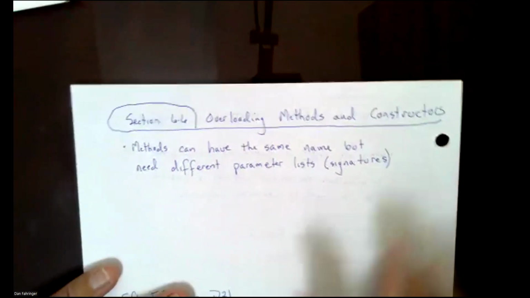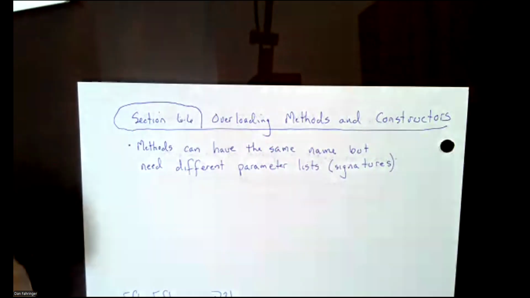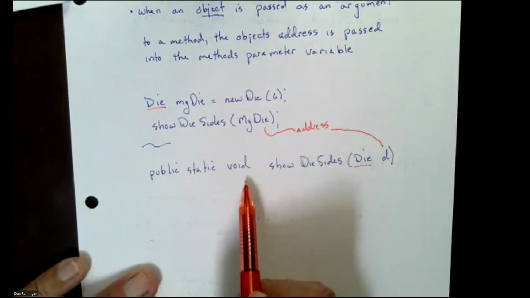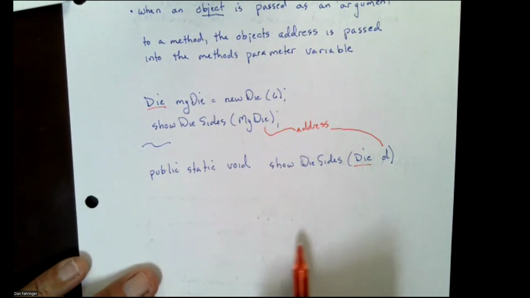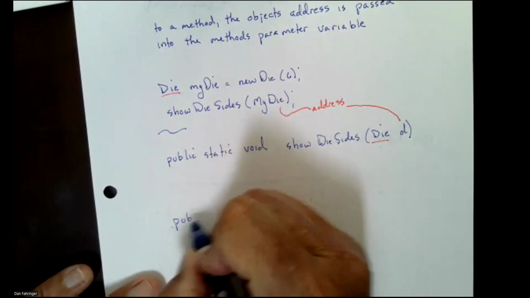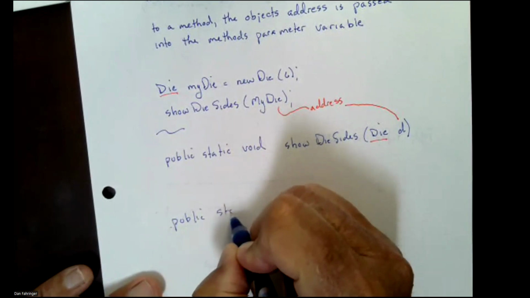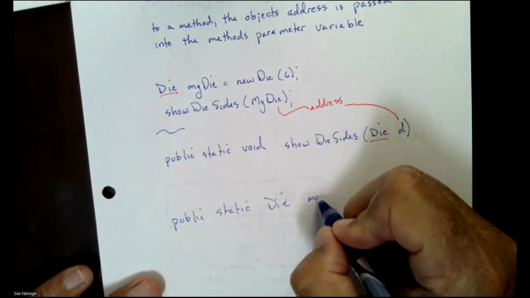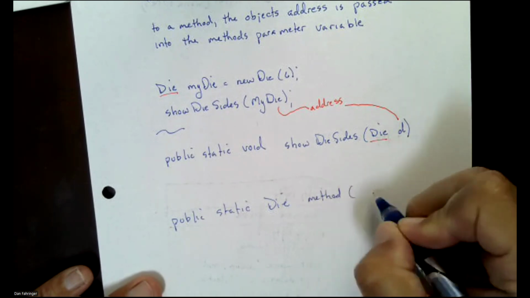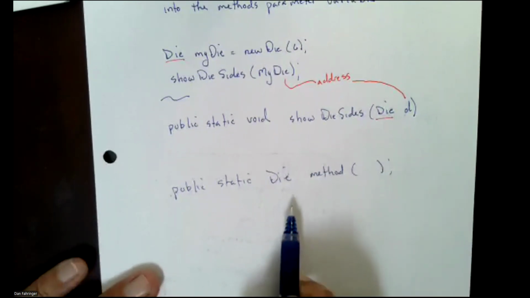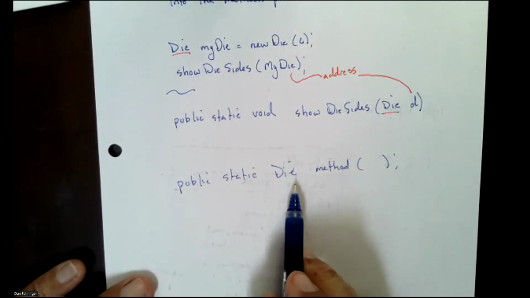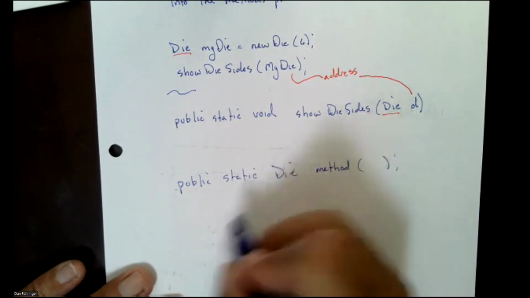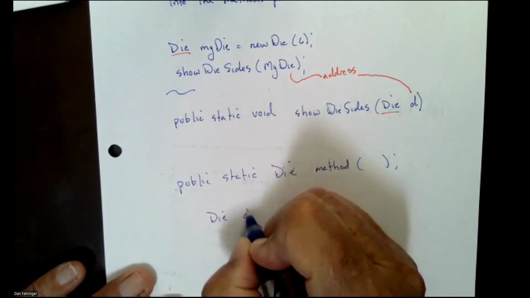We did talk about overloading. But again, we passed them in, we can also return them. What's being returned? So if I did this, public static Die, and the method maybe getDie. If this is my return type, that means inside of here I'm going to create a Die d.